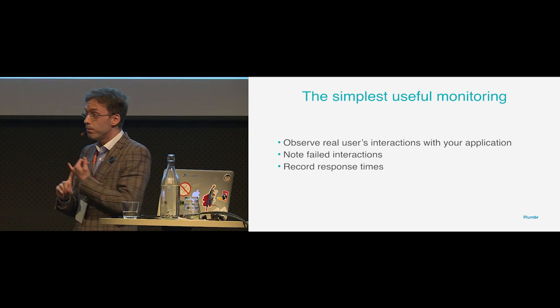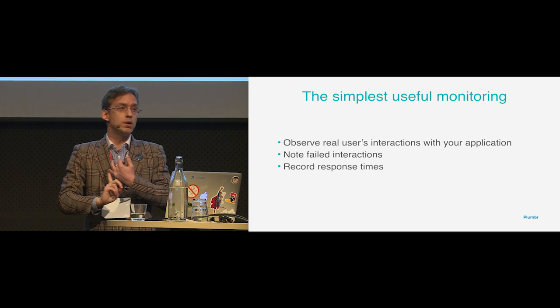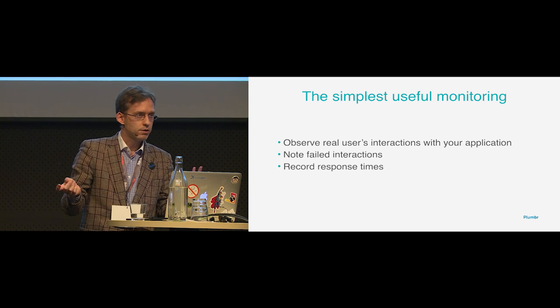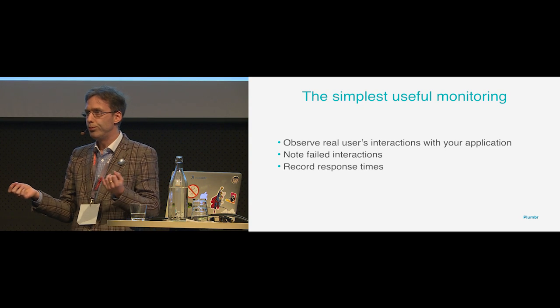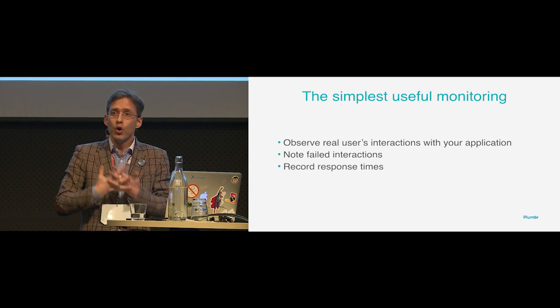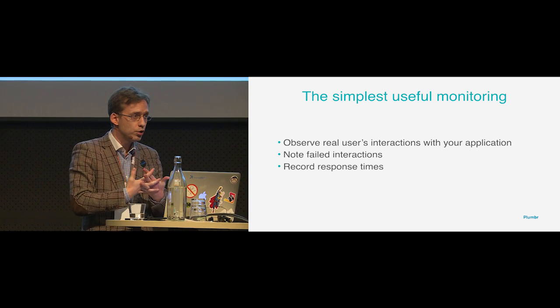Because every time the number of those failed transactions exceeds some threshold, be that 1 transaction per minute, be that 100 per hour, you do know that you have a problem in your production without any context. You don't need that context.